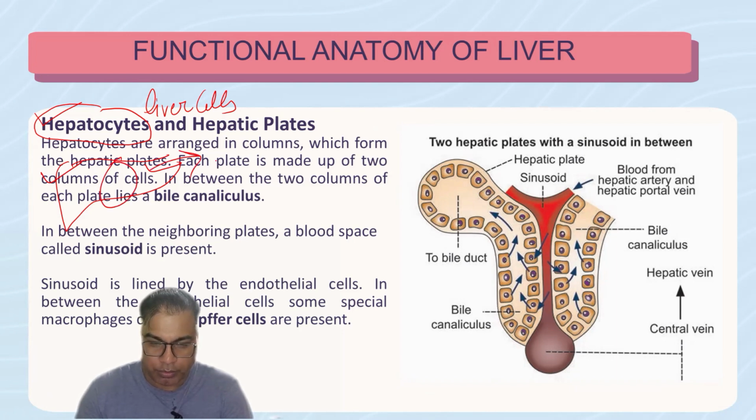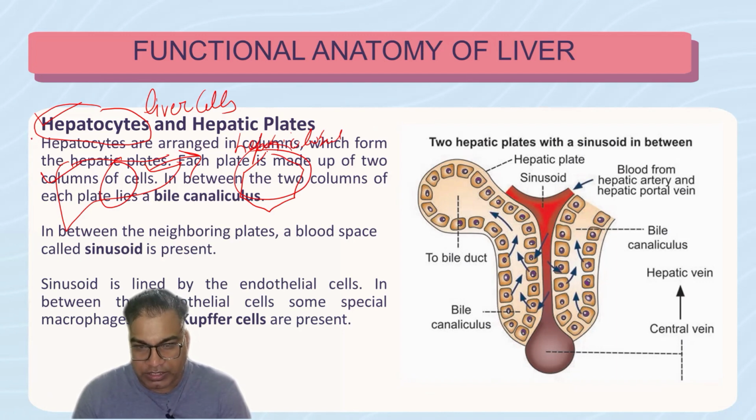These lobes are further divided into hepatic lobules, which are hexagonal structures. And these hepatic lobules are made up of hepatocytes or liver cells.